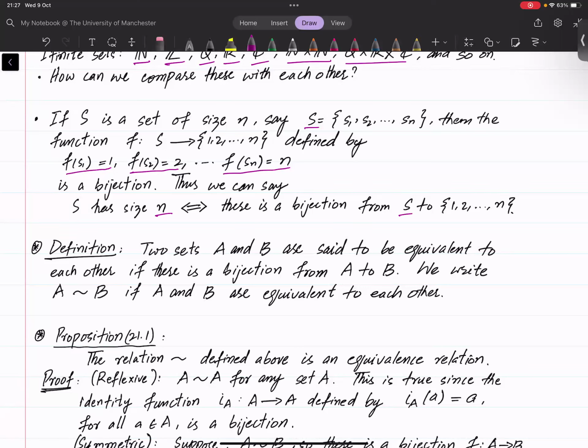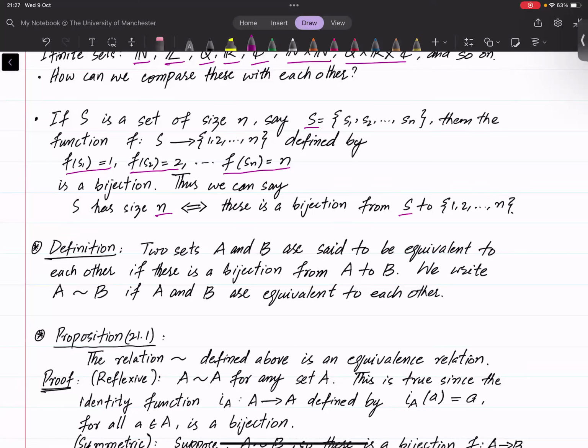Okay? That's how we can compare finite sets, and how we can say that finite sets have some particular size: if there is a bijection to the set which contains 1 to n elements. Now let's define these in a more concrete way.